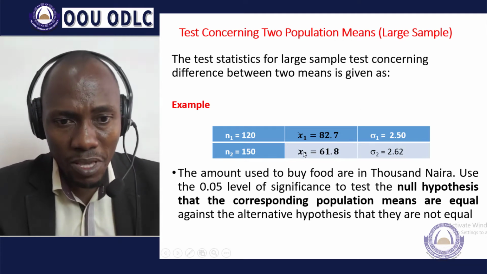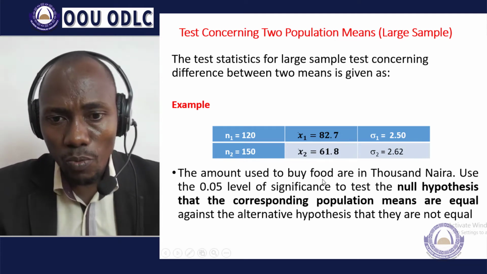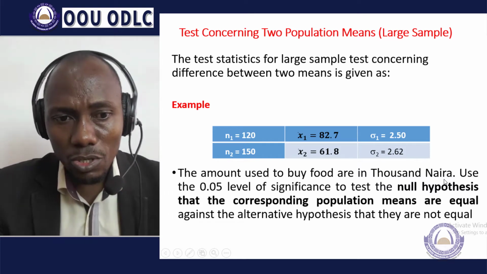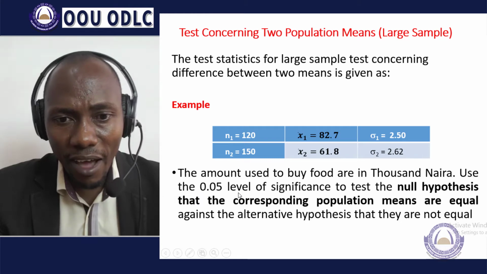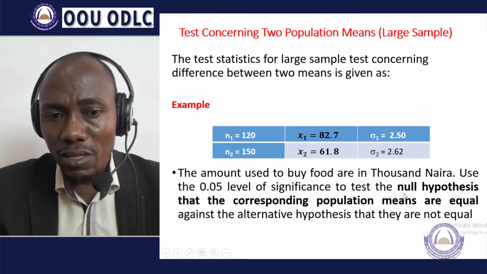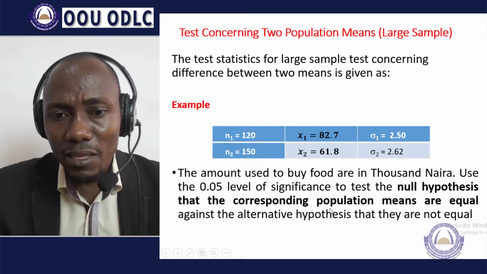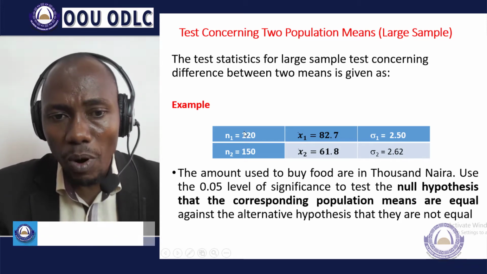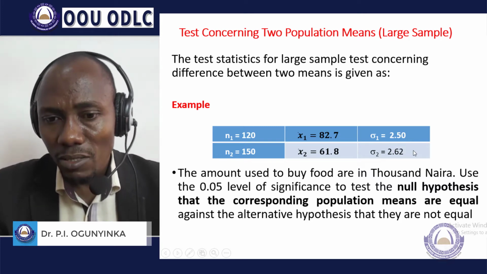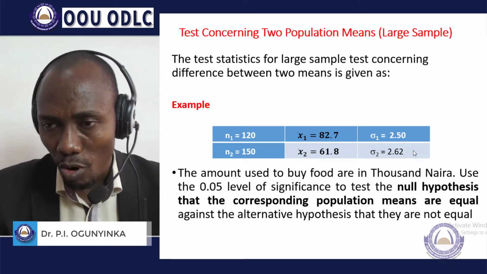Given in the table here, the amounts used to buy food are in thousands of naira. Use the 5% significant level to test the null hypothesis that the means of these two populations given in the table are equal against the alternative that they are not equal.